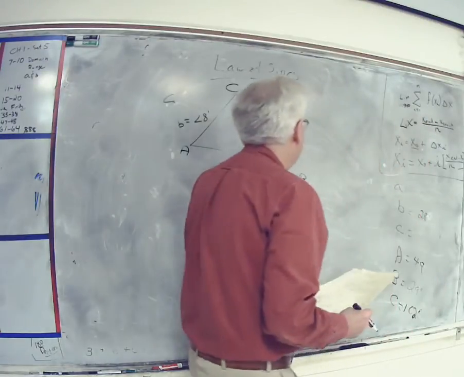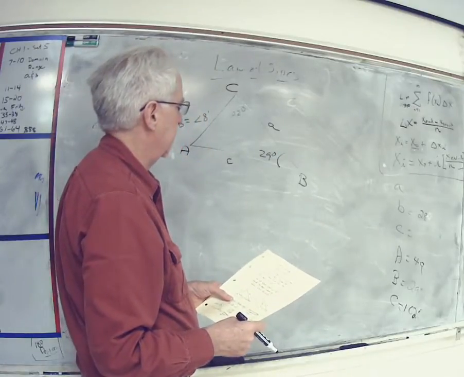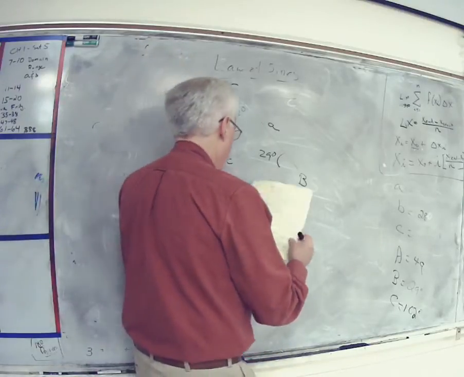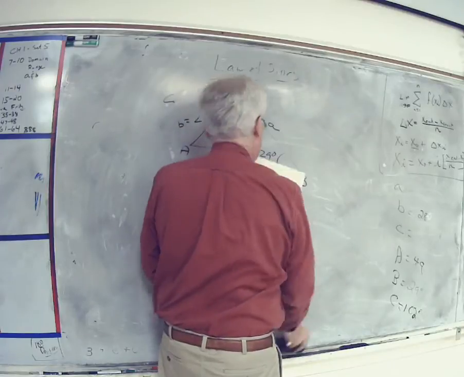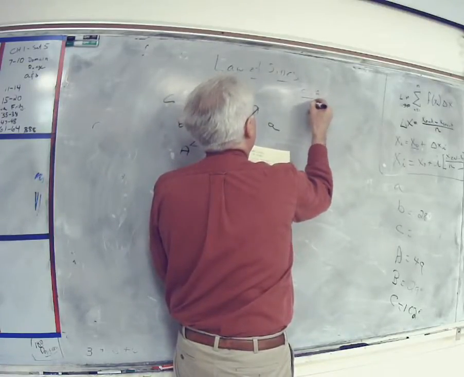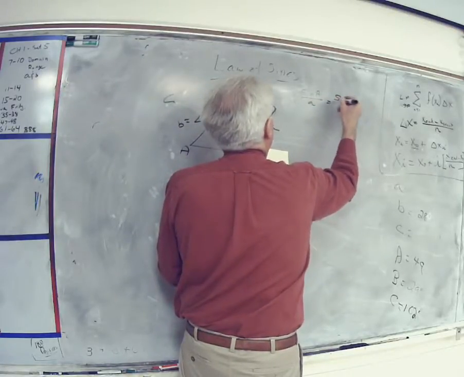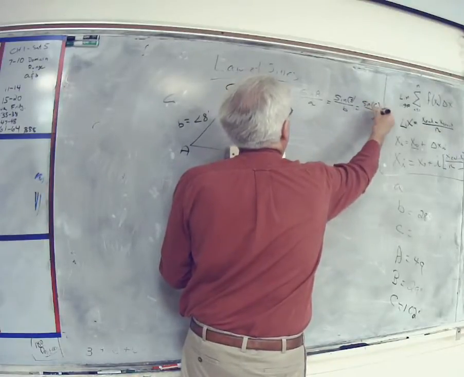Now, what do I have to figure out? Little a and little c. Well, let's write these things down again so that we remember what the law of sines is. Remember, it's sine of big A over little a is equal to sine of big B over little b is equal to sine of big C over little c.